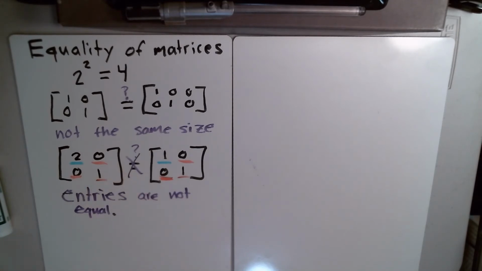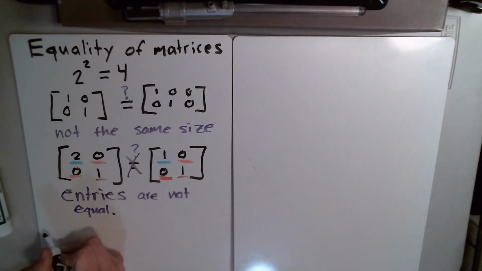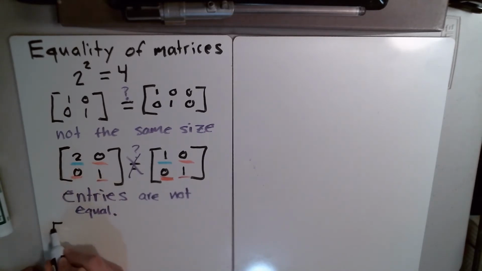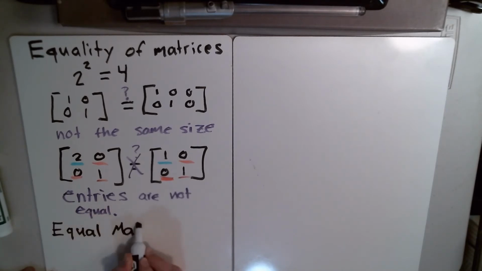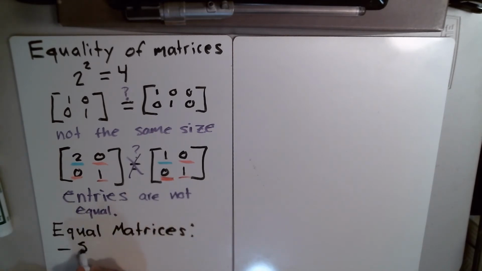So in order for two matrices to be equal to each other, what do we need to have? They need to have the same size, first of all.